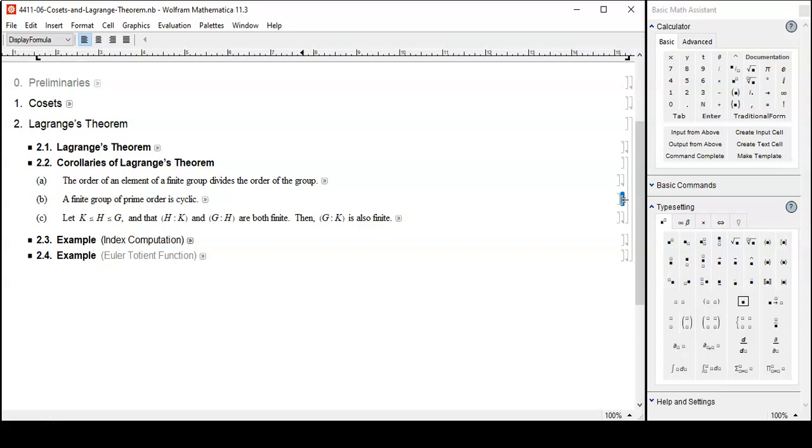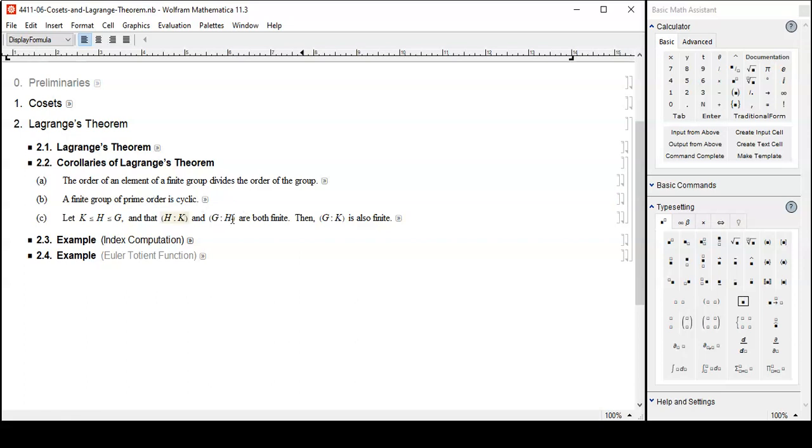Now, K is a subgroup of H, and H in turn is a subgroup of G, and the index of K in H and the index of H in G are both finite.